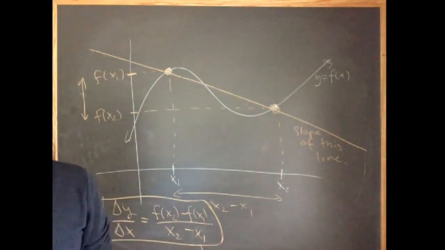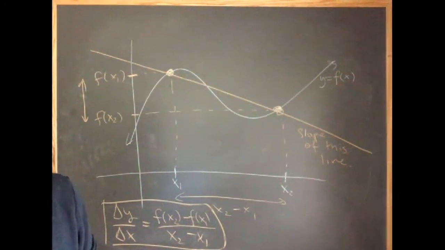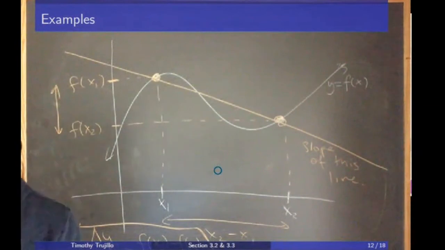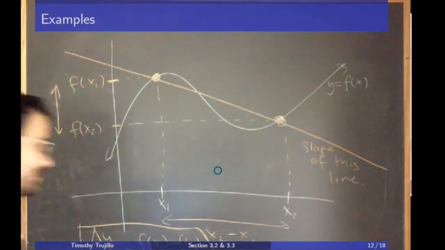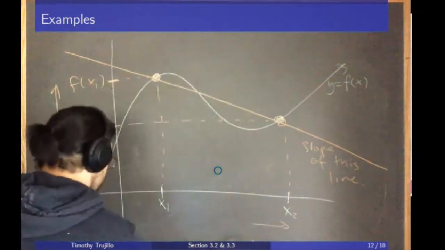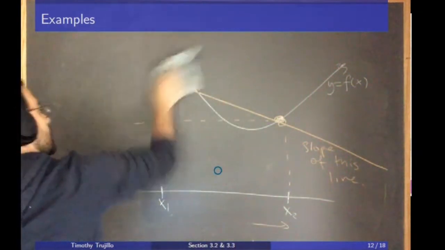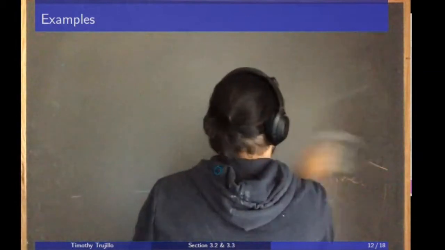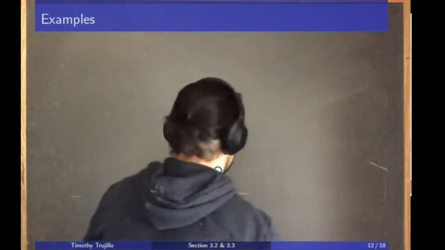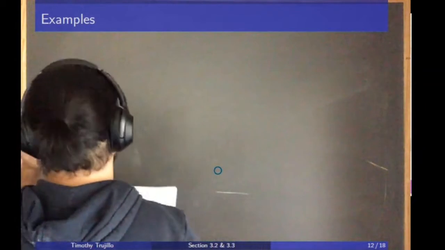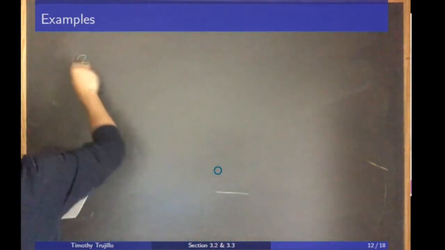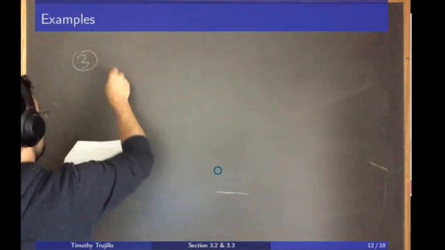Okay, so let's do a few examples of using the formula, because it does show up a lot in the homework, and it will show up in calculus for those of you going on to calculus, probably in the first day of class. Okay, so just a quick example where we give numbers, and then a quick example where we're given variables.